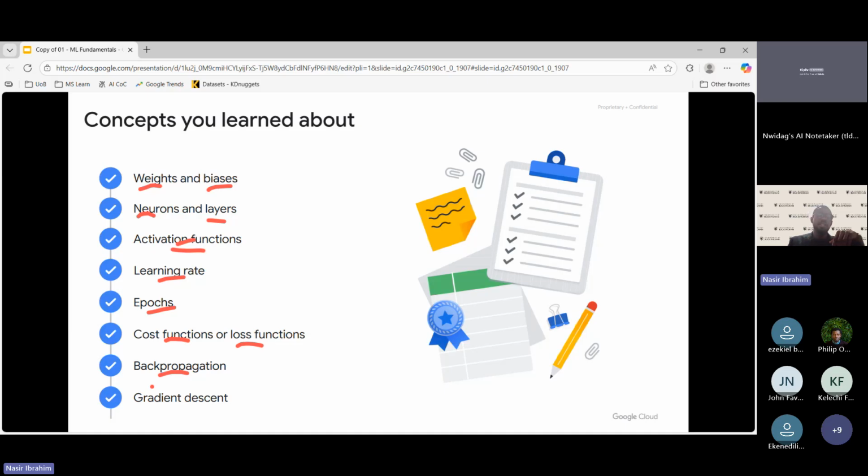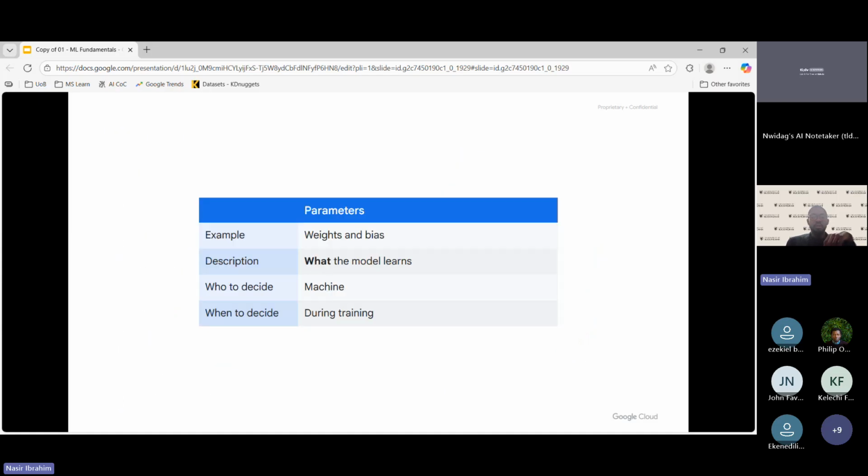And gradient descent is how the change in weights is determined. For the weights and the biases, these are parameters, and the parameters are decided by the machine during training. Initially, random values are set, but during the training, they are tuned.